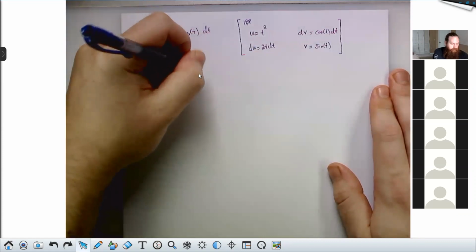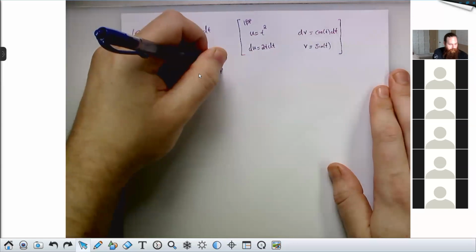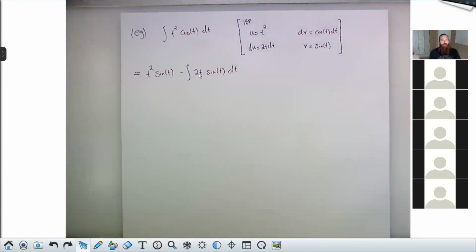I'll write that as 2t times the sine of t dt. I just like to put the polynomial piece out front. Looks prettier. So everybody see how this is the output from this IBP table?